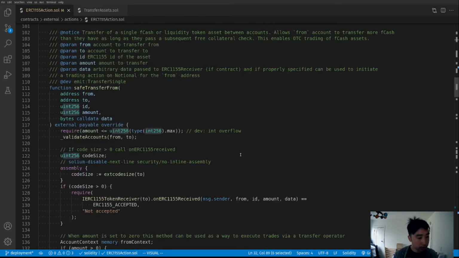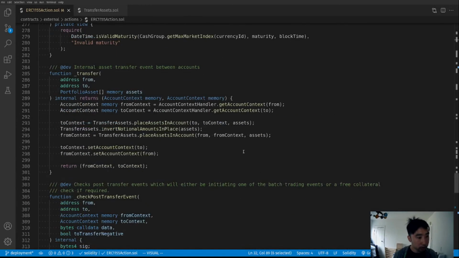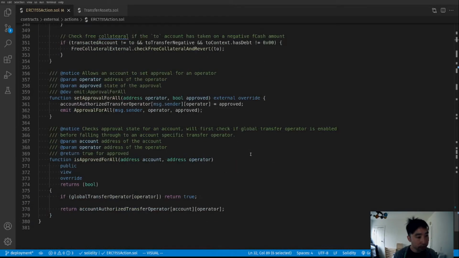The second thing we'll talk about is approvals. So in ERC1155, we have the notion of operators who are allowed to take action via the ERC1155 contract. And we have 2 levels of approval in Notional.